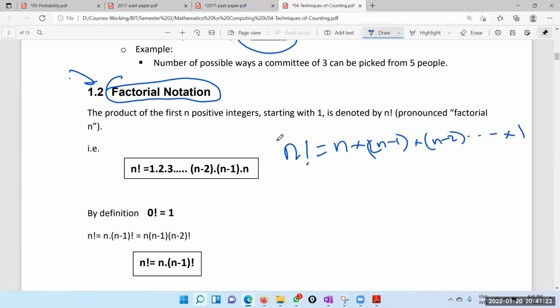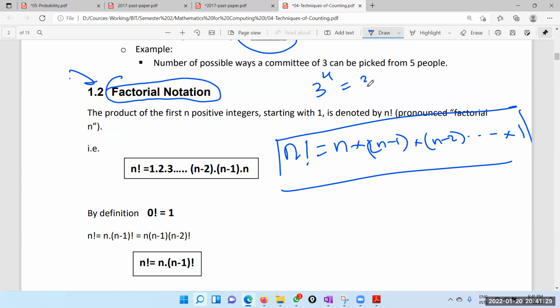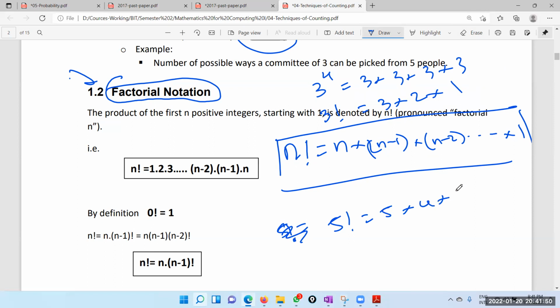It's just a mathematical concept, just like 3 to the power 4 is 3 into 3 into 3 into 3, it's just a notation. Similarly, factorial 3 is 3 into 2 into 1. Factorial 5, the notation is 5 exclamation, is 5 into 4 into 3 into 2 into 1.